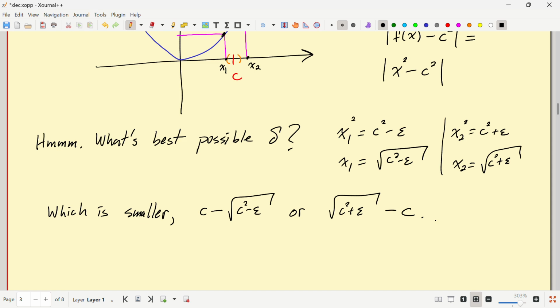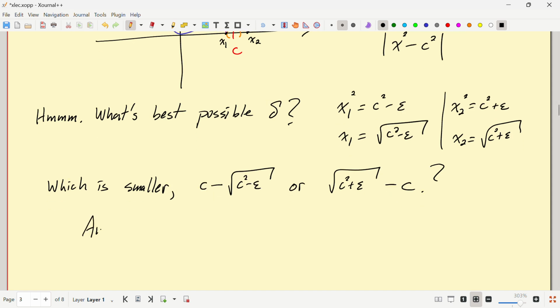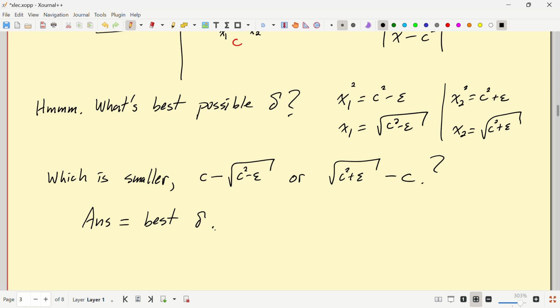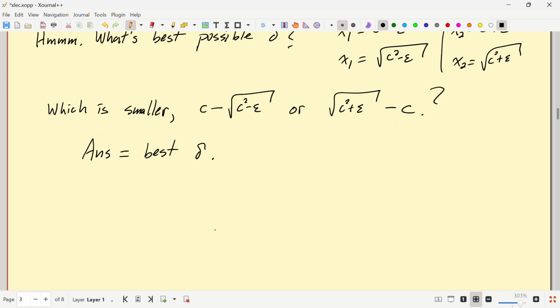I might have to do some tricks, like the difference of squares tricks. That would probably allow me to figure out which one is the smaller one. Anyway, that smaller one is the best delta in the definition to take. But you don't have to do that much work. I just need a delta that works.